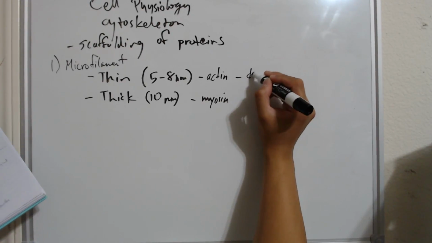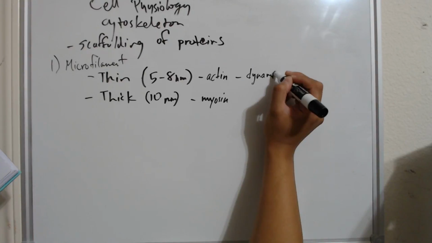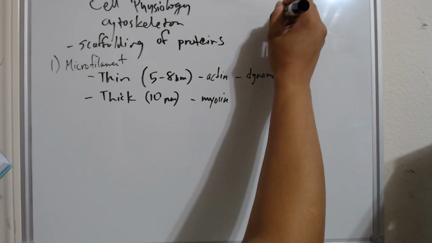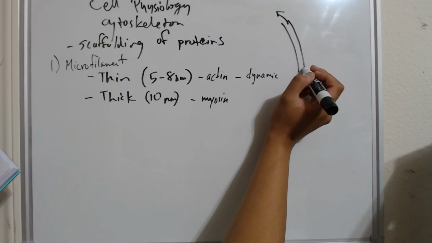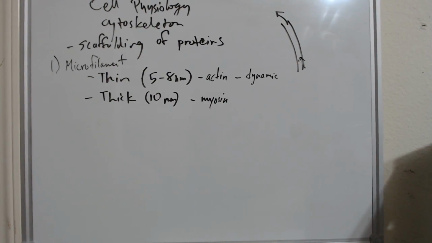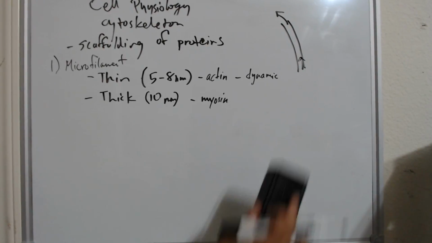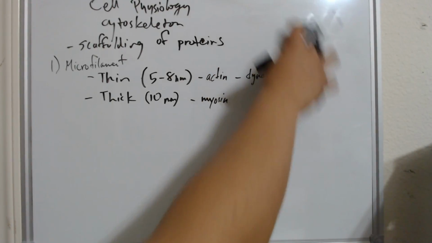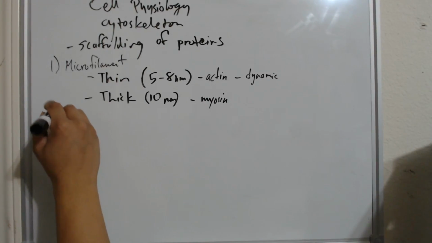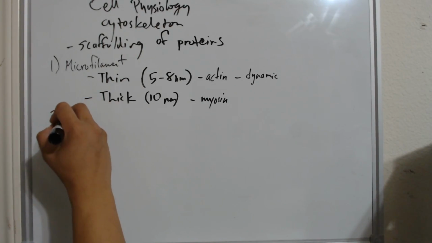Actin is called dynamic because here's an actin. There's always one end that's constantly growing, one end that's constantly shrinking. That's why it's called dynamic. Now there are also intermediate filaments.